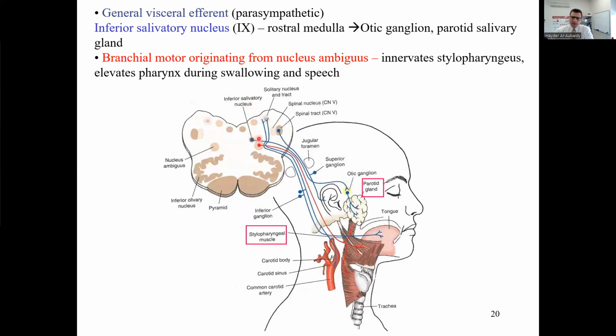If you follow the fibers going all the way like this, they go eventually into the parotid gland. So remember, the facial nerve provides parasympathetic function to the submandibular and sublingual salivary glands through the submandibular ganglion.